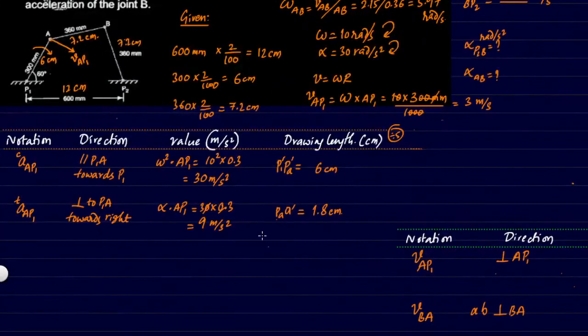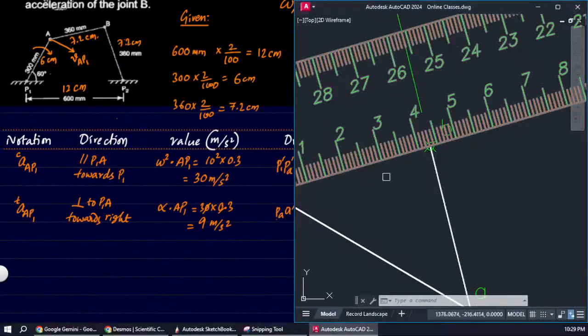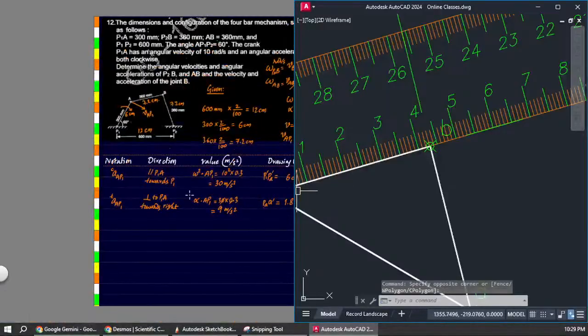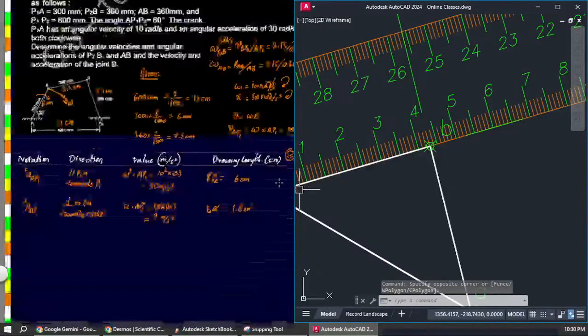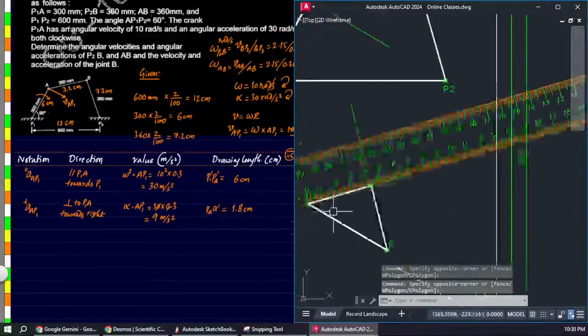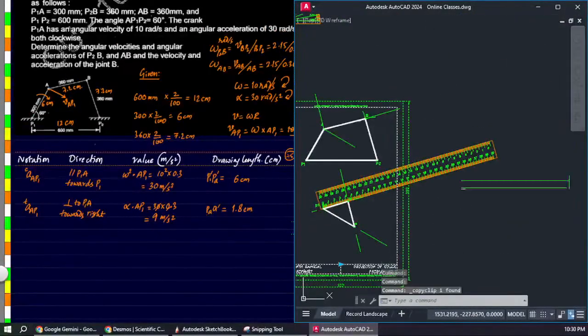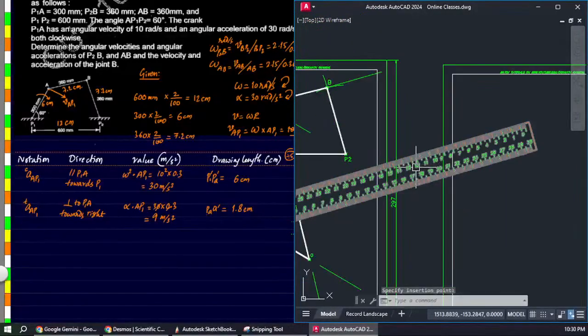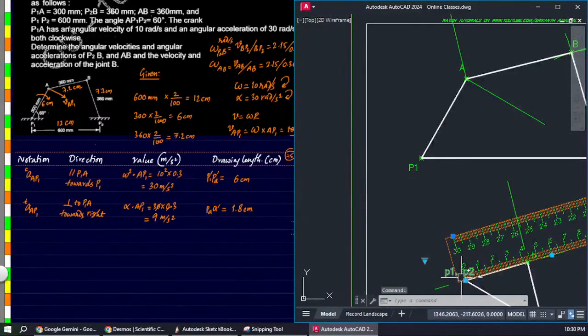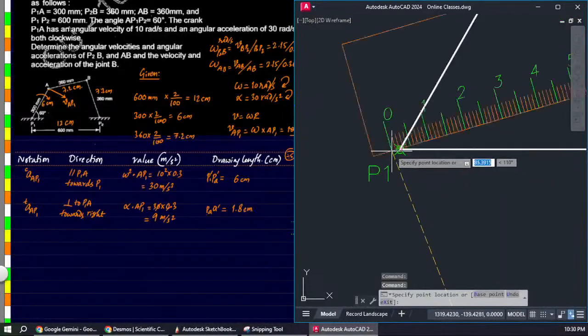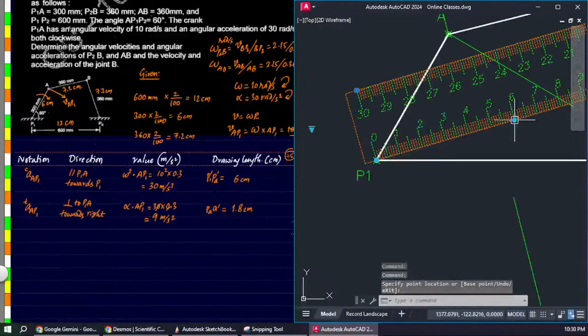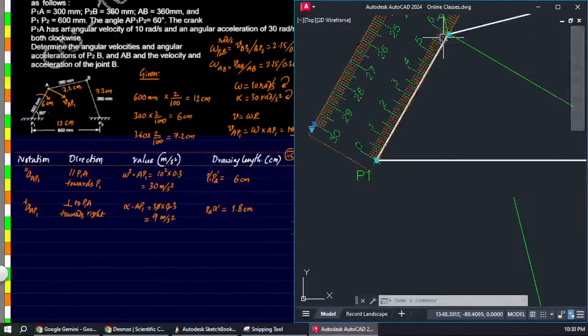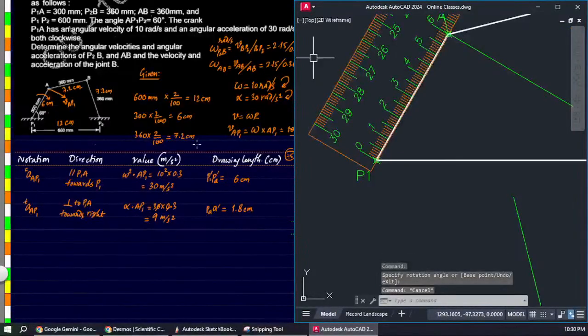So now these measurements we'll have to draw in our sheet. Let's come back to our sheet. First length we can see is parallel to P1A. So take your roller scale parallel to this, and it will be downwards.